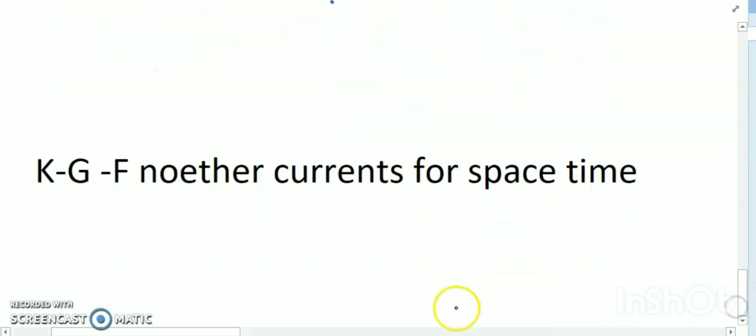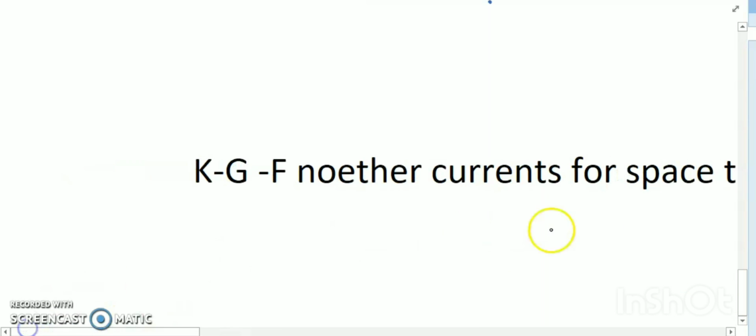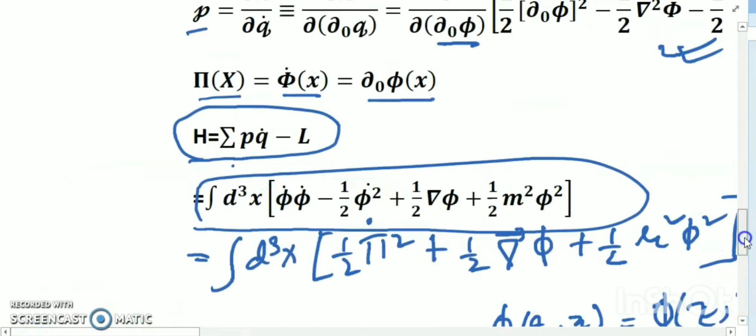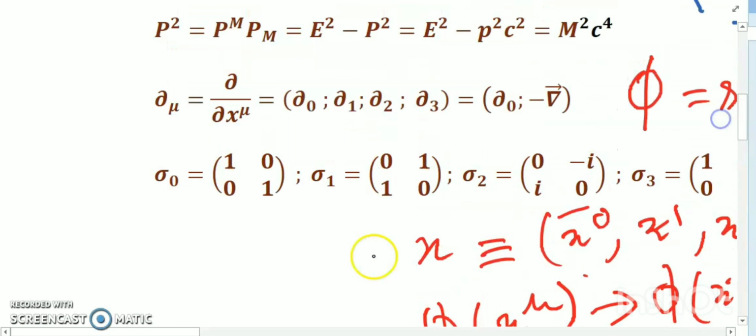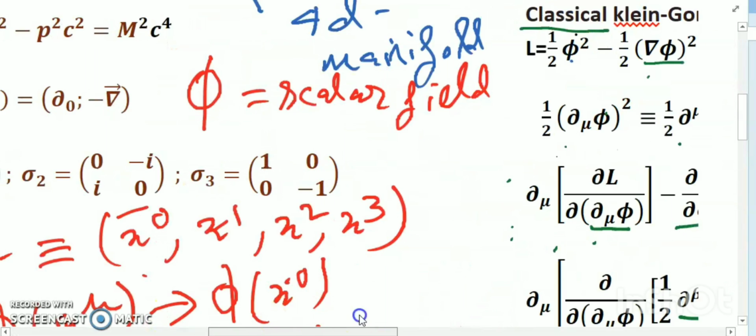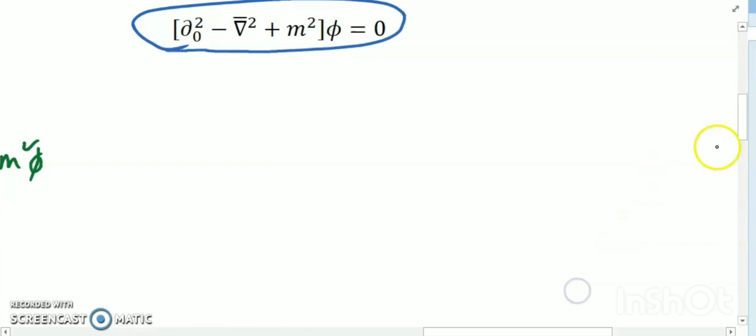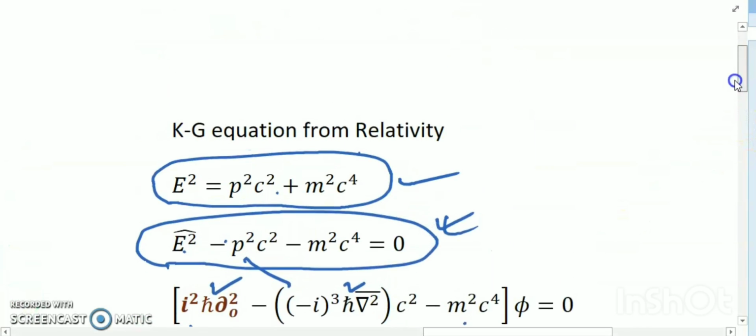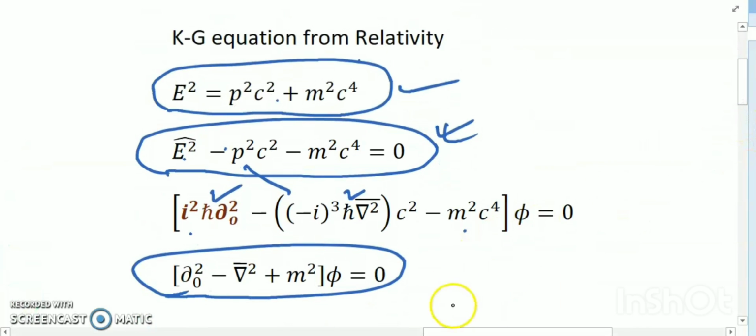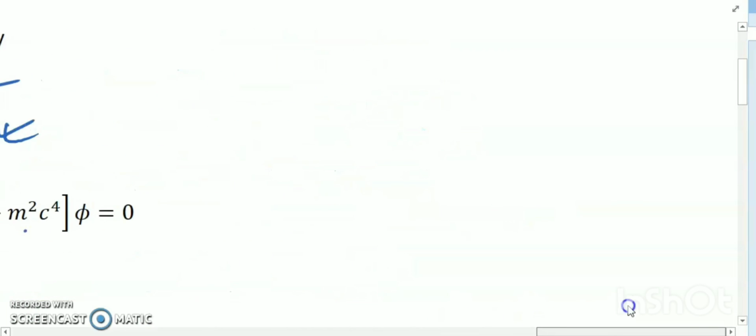So friends, now we discuss the complex KG field.